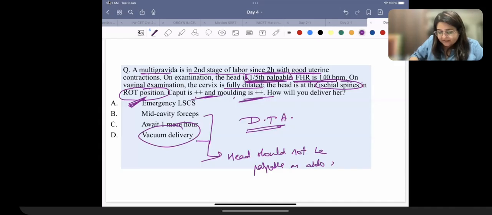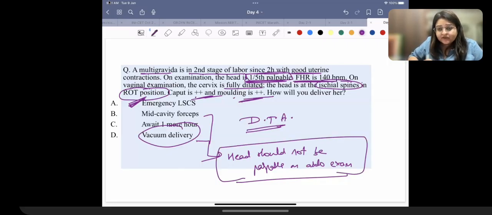Please remember this point. To apply a forceps or a vacuum, the head should not be palpable on abdominal exam. So even if there was no caput and molding, this is a very high head. You should not apply a vacuum so high. So here it would still remain an emergency cesarean section.